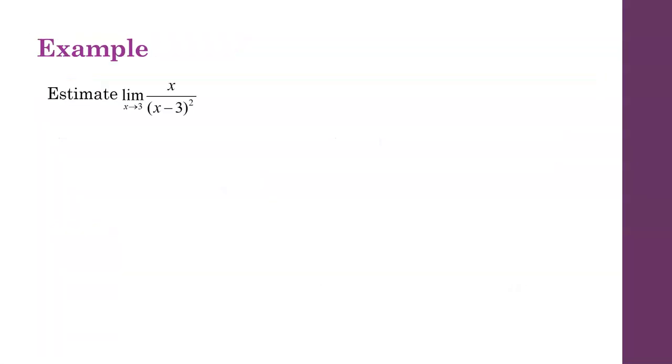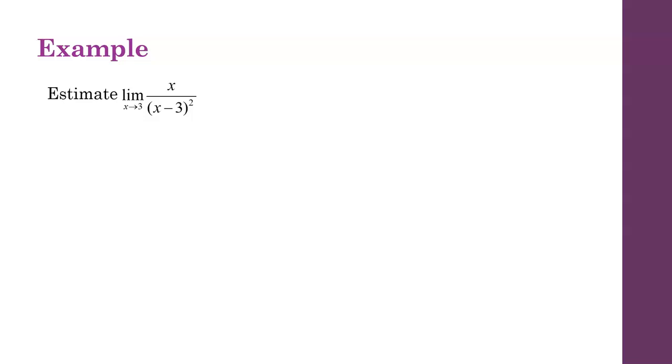So let's consider an example here. Here's the function I have, x over x minus 3 squared. And once again, if I plug in 3 itself into this function, I'm going to have a 0 on the bottom of the fraction, which makes the function itself undefined. But I can see what happens if I get close to 3.